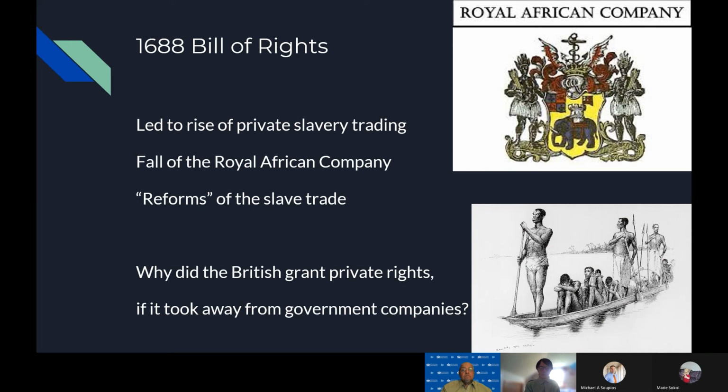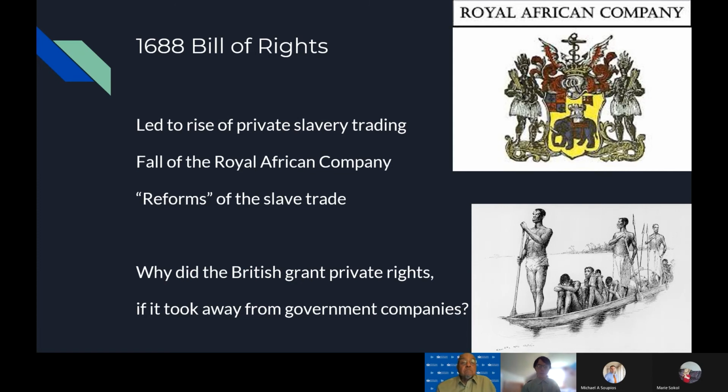So the book also mentions the 1688 Bill of Rights. This was sort of like a founding document, and it basically detailed lots of individual rights and private rights for citizens and corporations. It led to the rise of private slave trading.